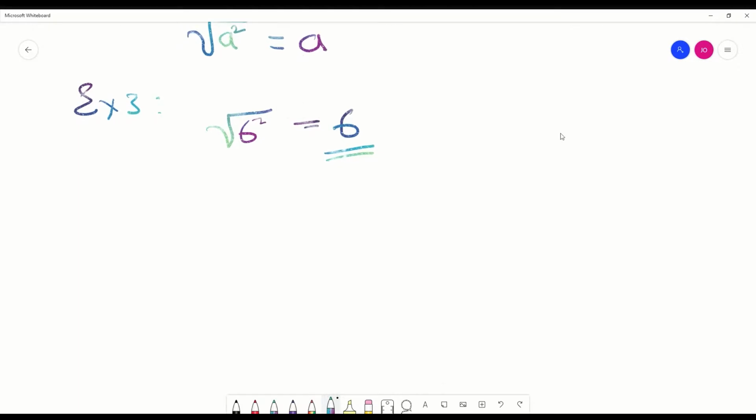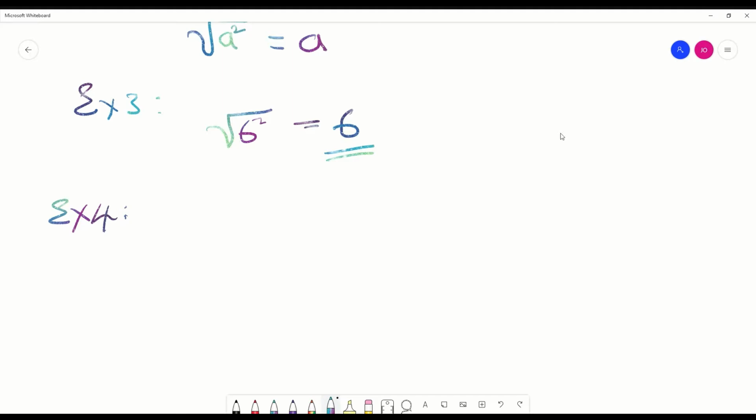So here we have example 4. I'm going to give an example that would include all the 3 approaches or rules that I've mentioned earlier on.